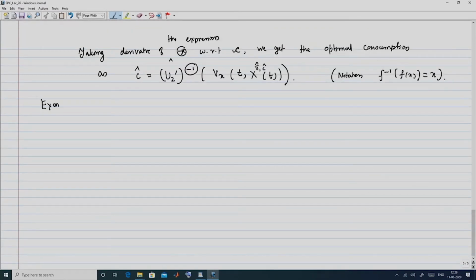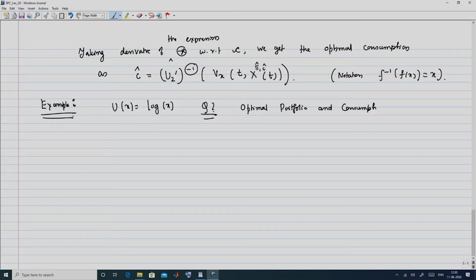Now it is time to consider an example to accommodate this consumption. Again we use the log utility function, and the question that we want to address is what is going to be the optimal portfolio and, of course, what is the optimal consumption. Here let V(t, x), the value function, be f of t plus g of t into log x.